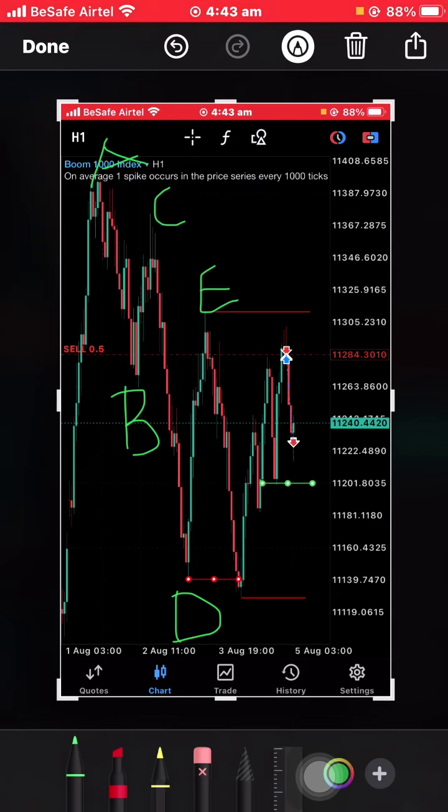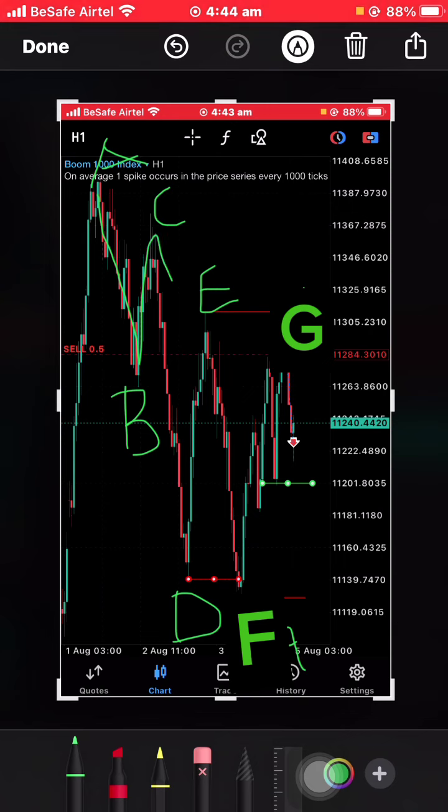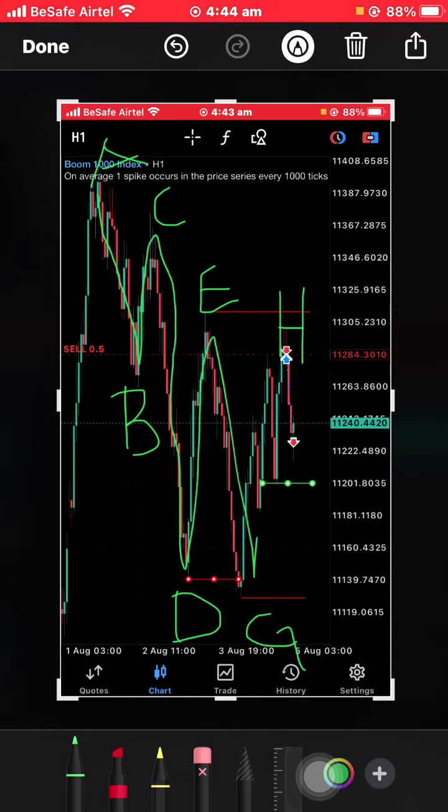Point E, here is point G, and here is point H. All right, so the market sells from point A to B, pulls back, sell, pull back, sell, pull back, sell. If you add this simple concept here to your trading, to your indicators or your trading knowledge, it does help boost your trading arsenal to help you enter trades in a very good direction.